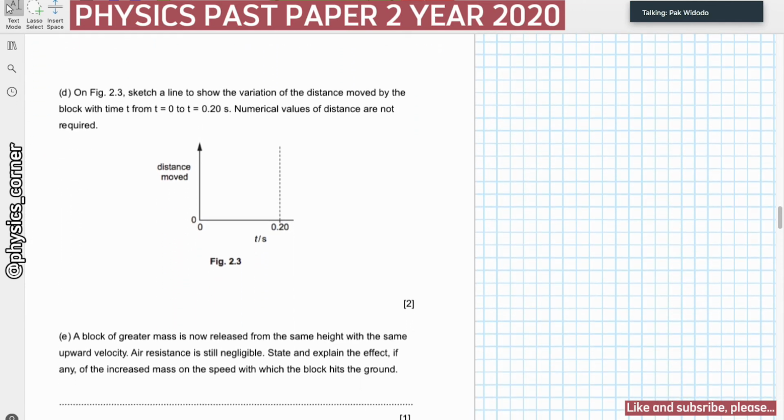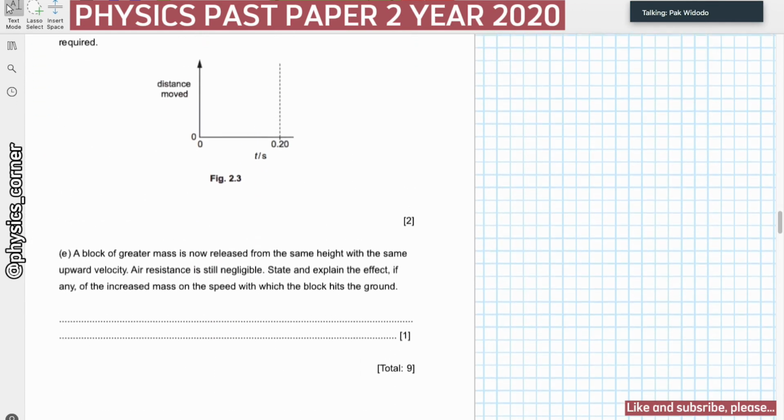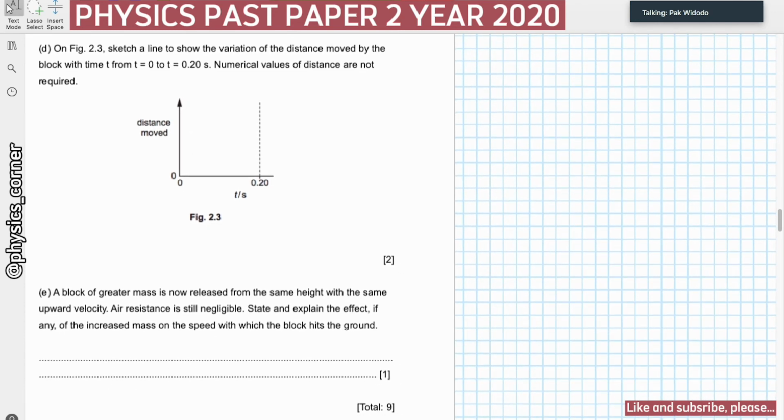On this question, we have two parts here. On figure 2.3, sketch a line to show the variation of distance moved by the block with time from T0 to 0.20 second. Numerical velocity and distance are not required.